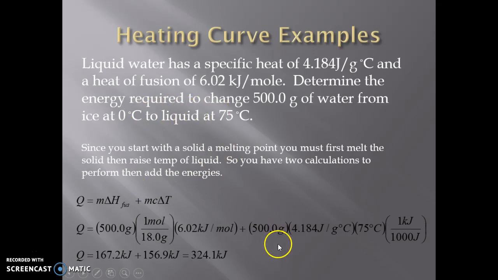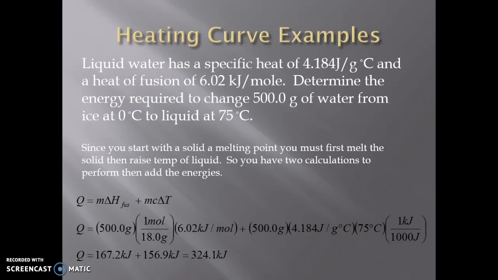So still 500 grams, specific heat of water, and the temp change is 75 degrees Celsius. Units have to cancel out appropriately. This is in kilojoules, this is only in joules, so we have to convert one to the other. I always convert to kilojoules. So now I can add them together, and the total amount of energy required is 324.1 kilojoules.